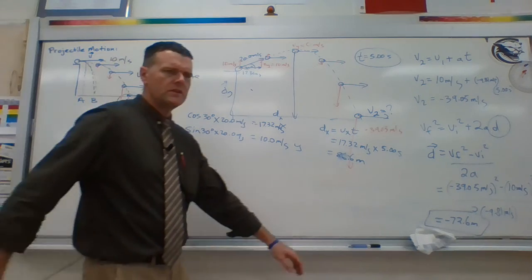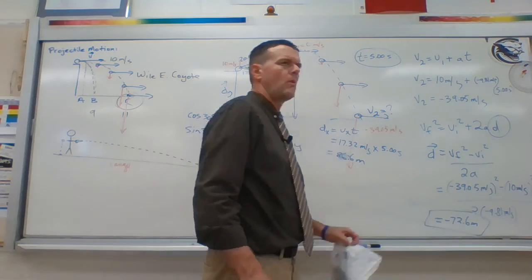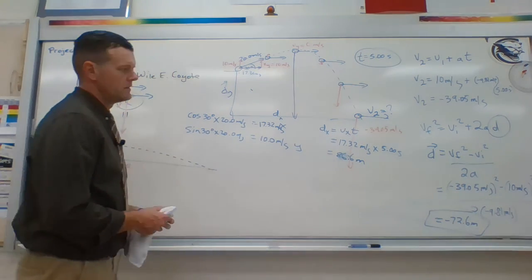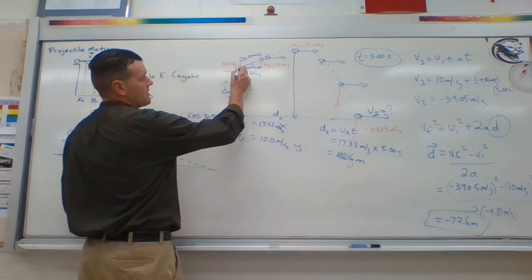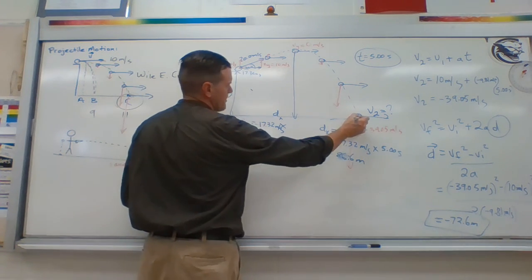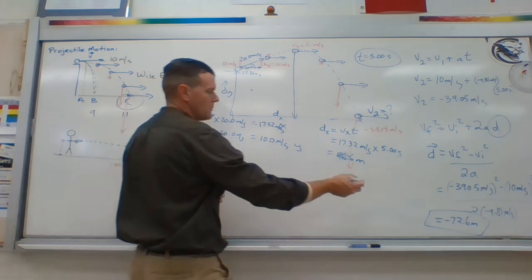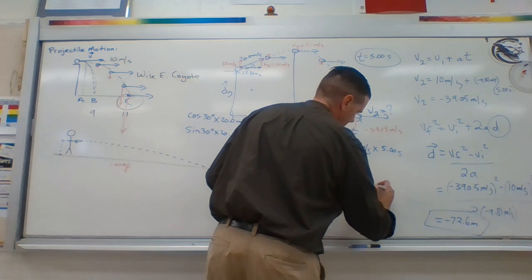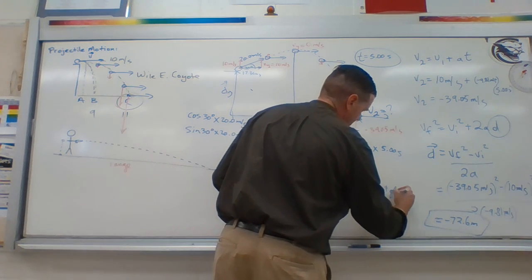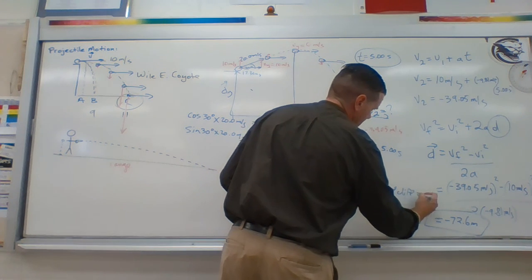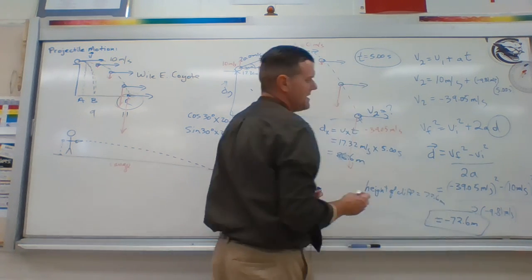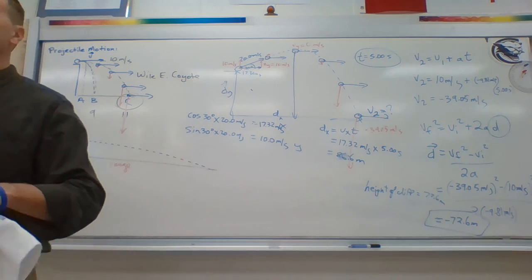Sorry, it's negative 72. Sorry if you can't see that. Negative 72.6 is what I get as a displacement from the point of release to the point that it hits the ground. That would be the vertical displacement, which then corresponds to the height of the cliff. So the height of the cliff is 72.6 meters. It's like this magical cliff that keeps changing heights.